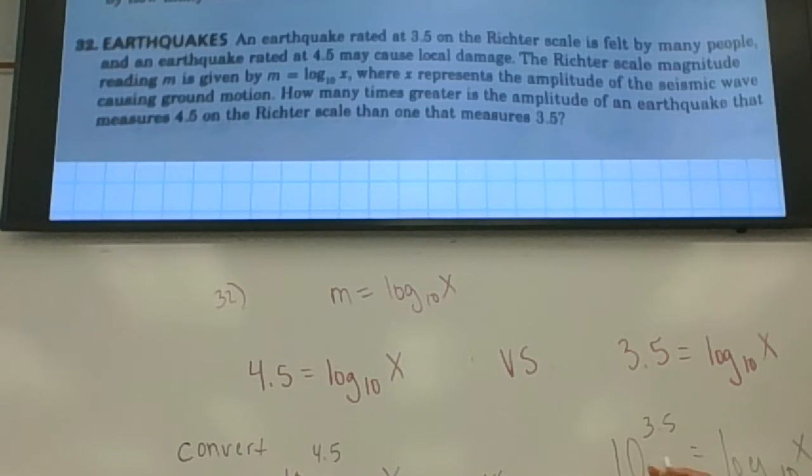What's 10 to the 3.5? 3162.2776. Okay, 3162.27. So how many times greater is a 4.5 than a 3.5? 10 times greater.